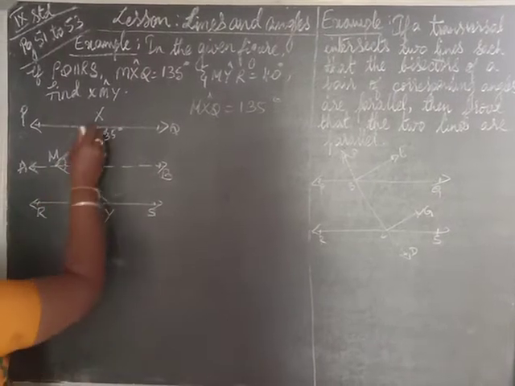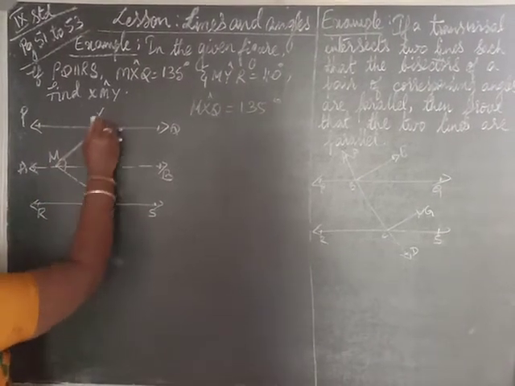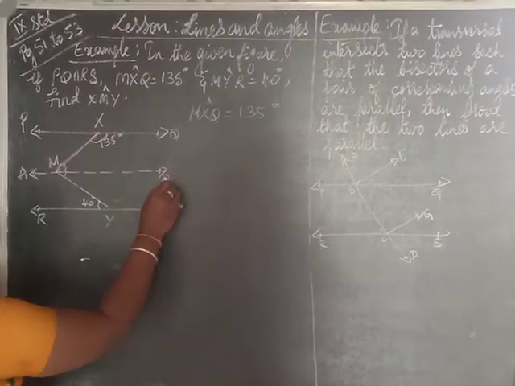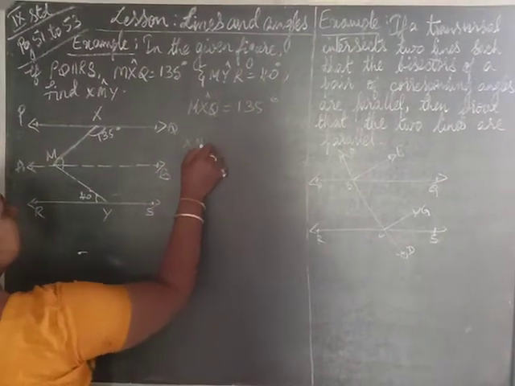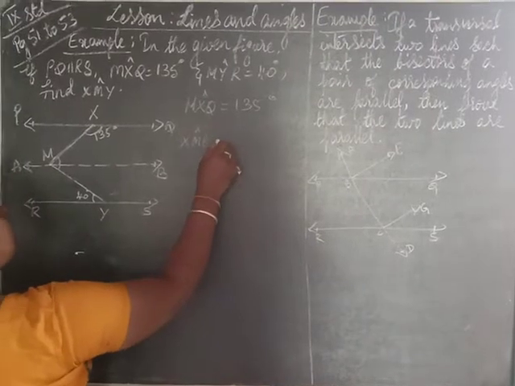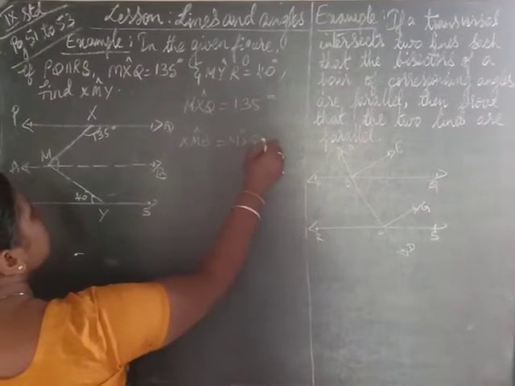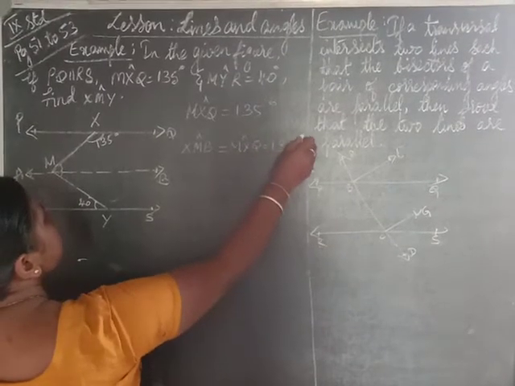Since XM is a transversal, we can say XMB is equal to MXQ, which is 135. What is the reason, children?